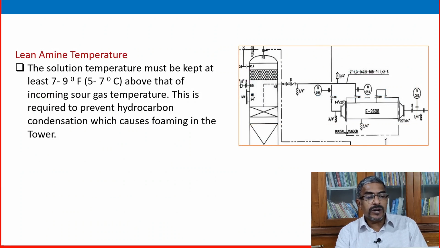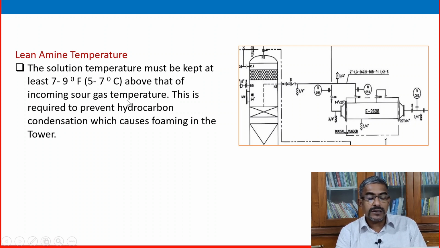Next important parameter is the lean amine temperature. The solution temperature must be kept at least 7 to 9 degrees, or 5 to 7 degrees C, above that of the incoming sour gas temperature. That is important.